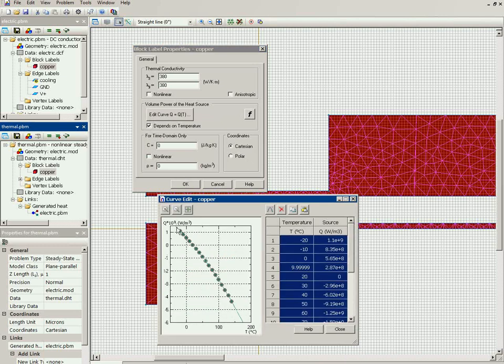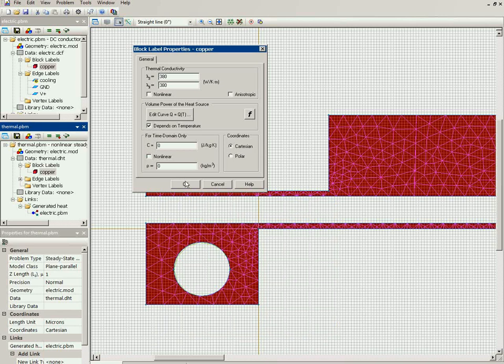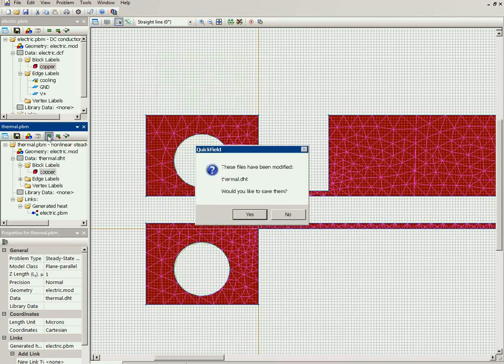You see what is the physical meaning? The higher the temperature, the more heat is taken away from the surface. Now again run the thermal simulation.